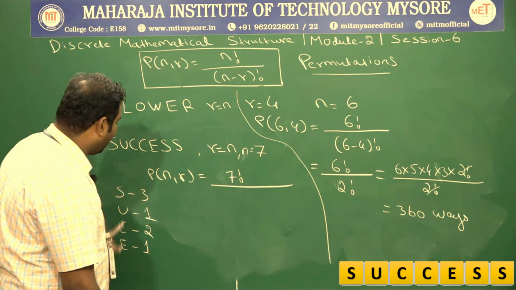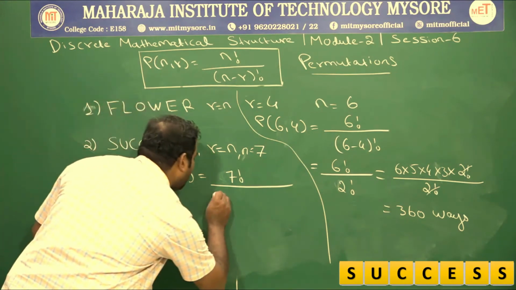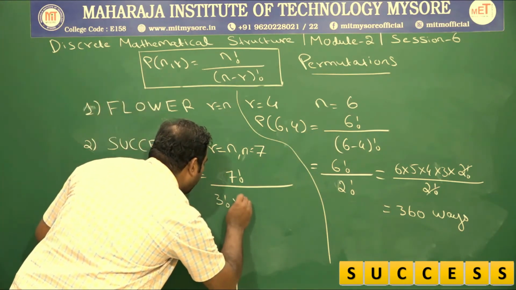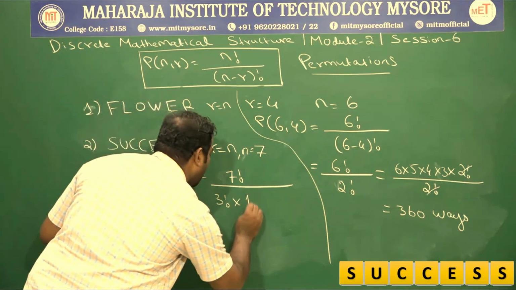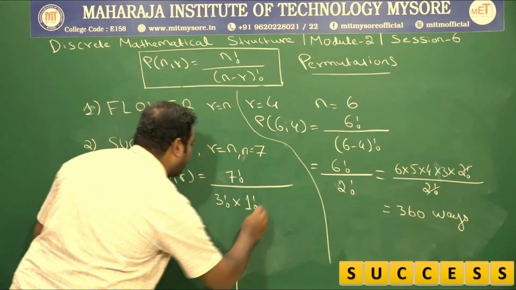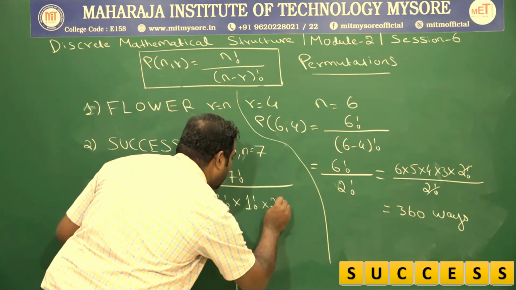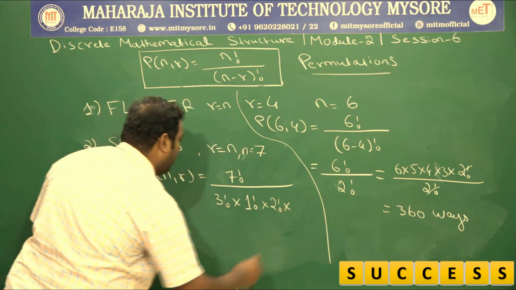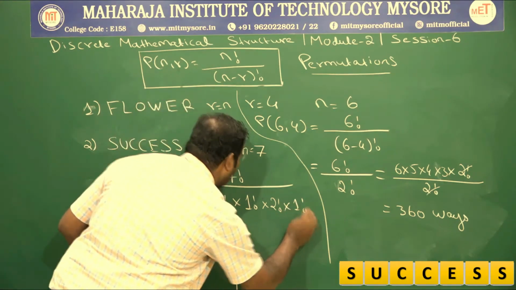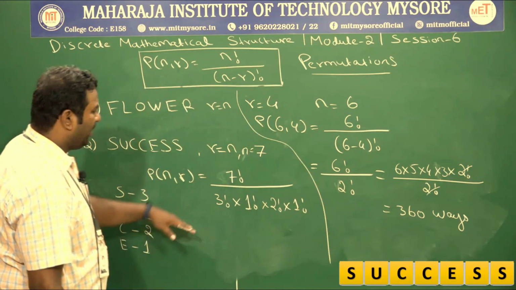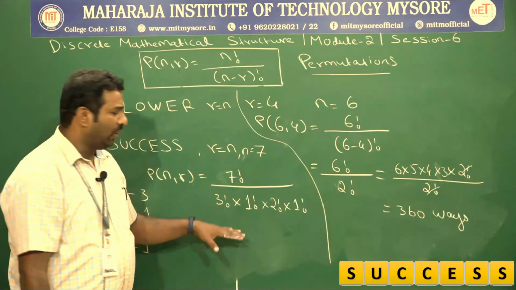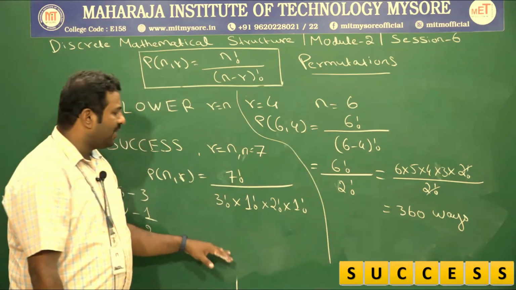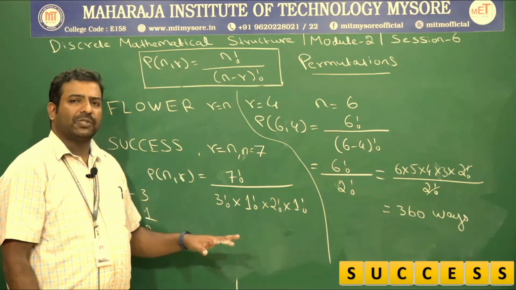So for that case I am going to have 3 factorial multiplied with 1 factorial multiplied with 2 factorial multiplied with 1 factorial. I need not solve this entirely. I think you can just compute and tell me what P(n, R) is going to be.